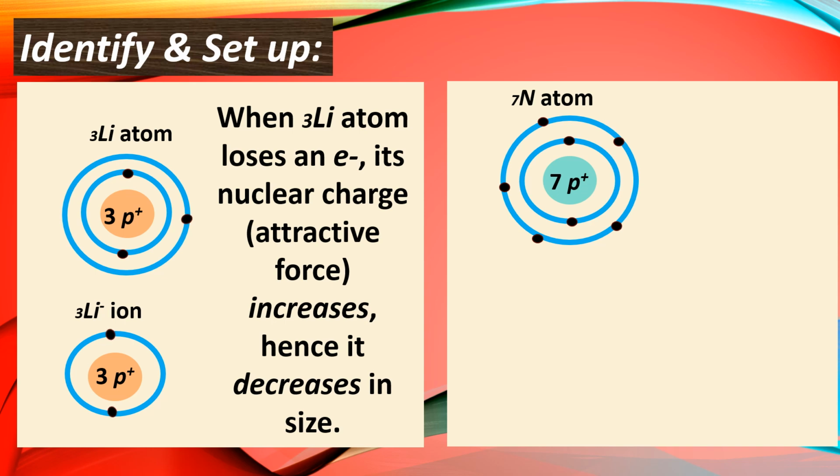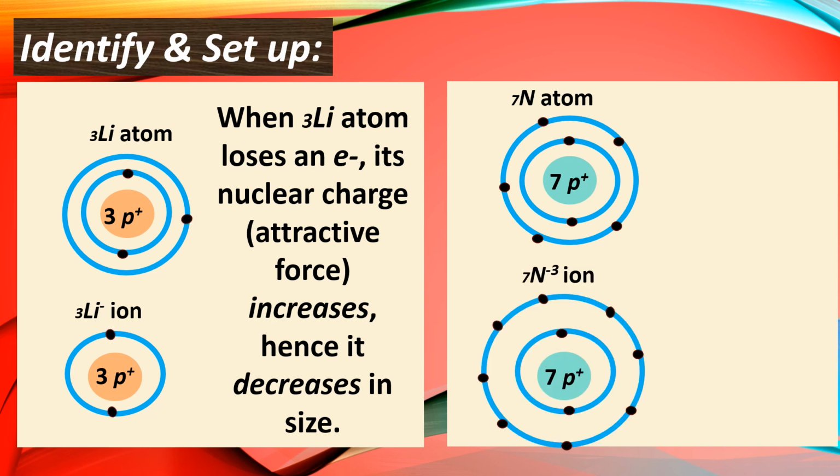When nitrogen ionizes by accepting or absorbing 3 electrons, it becomes a negatively charged nitrogen ion. Notice that the nuclear charge remains unchanged.